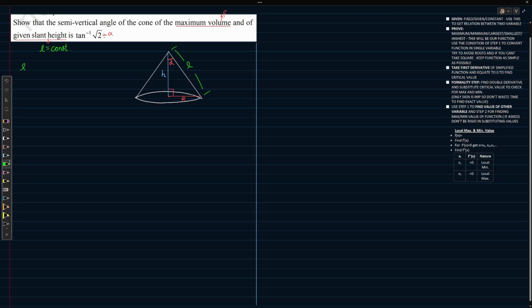From the geometry of the figure, we can say L square equals R square plus H square.